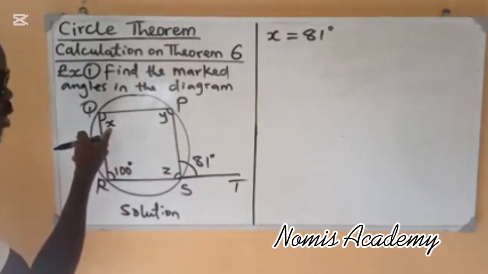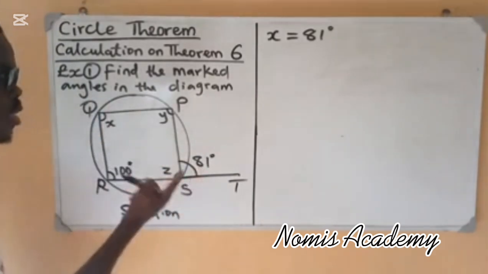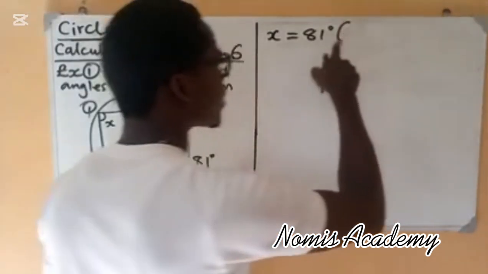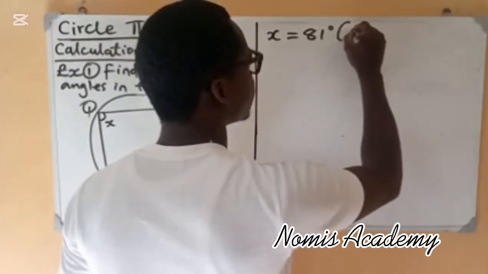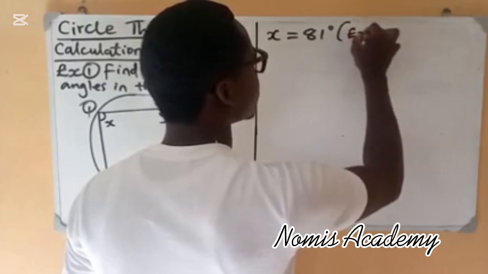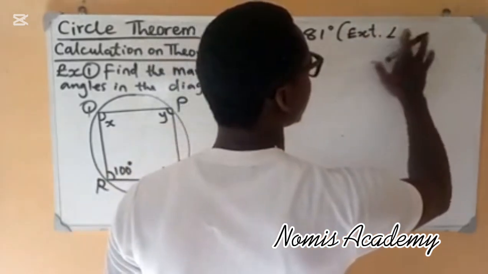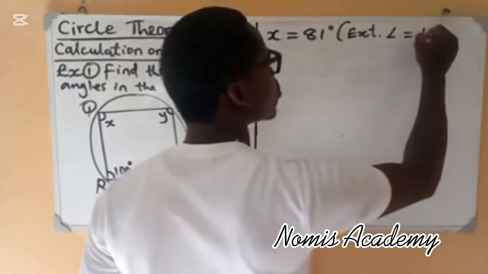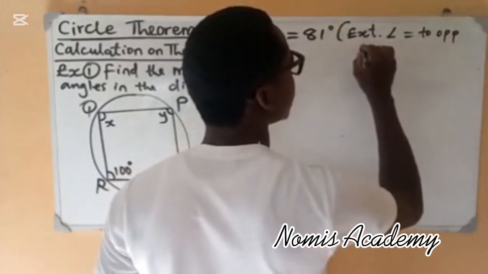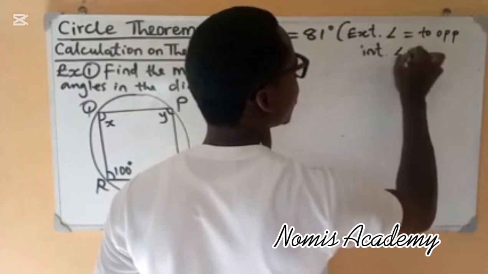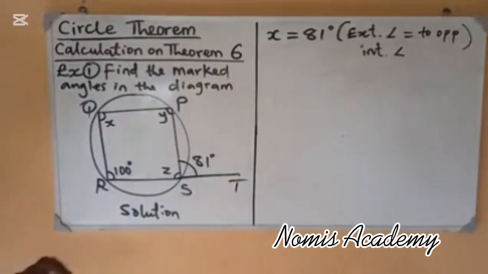So this is the opposite interior angle. Angle X is equal to 81 degrees. So we write the statement: the exterior angle is equal to the opposite interior angle. So the value of X is 81.